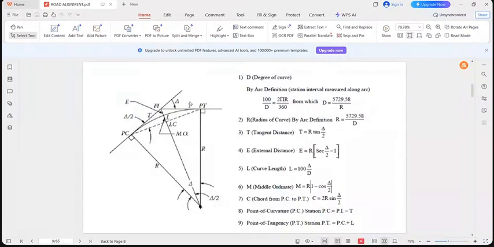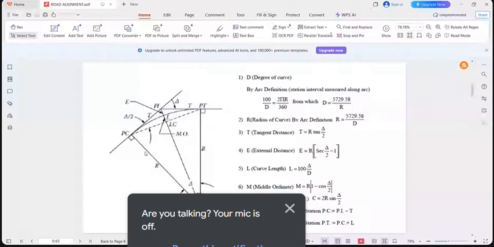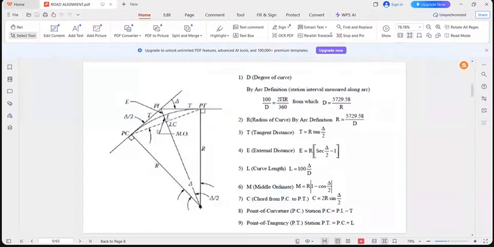And we have the radius of the curve that I was talking about. We have LC. LC means the distance between PC and PT. This is what we call the long chord.